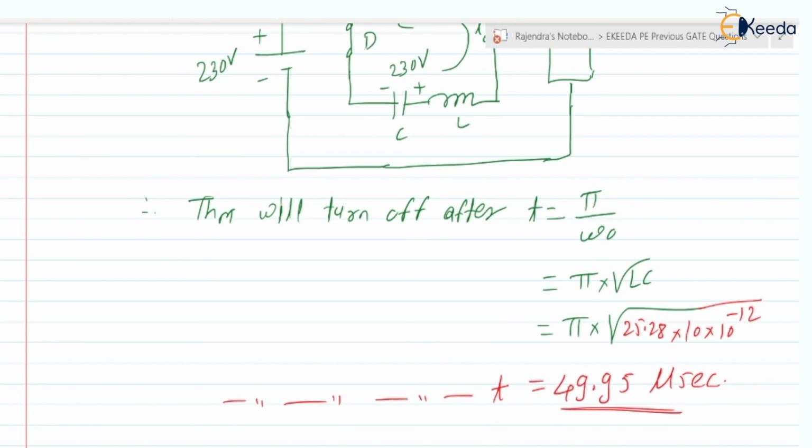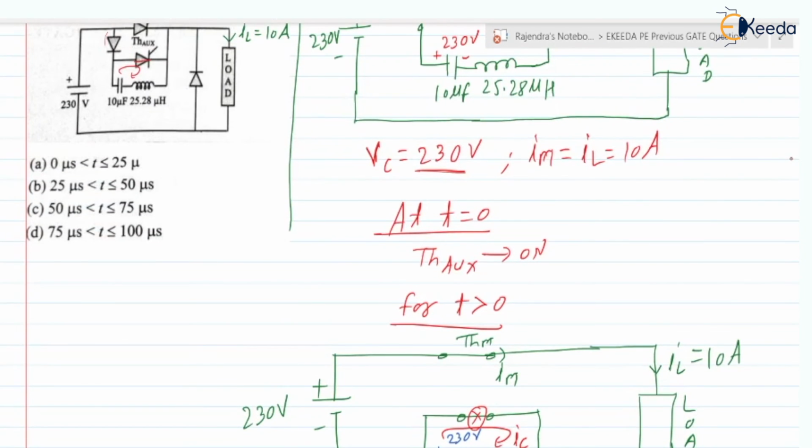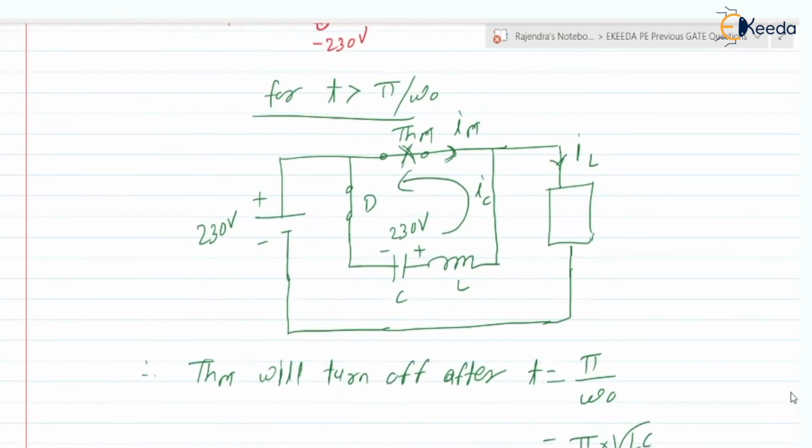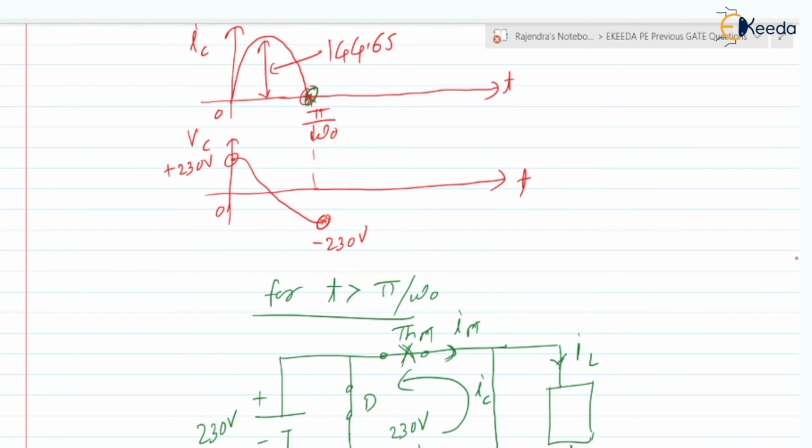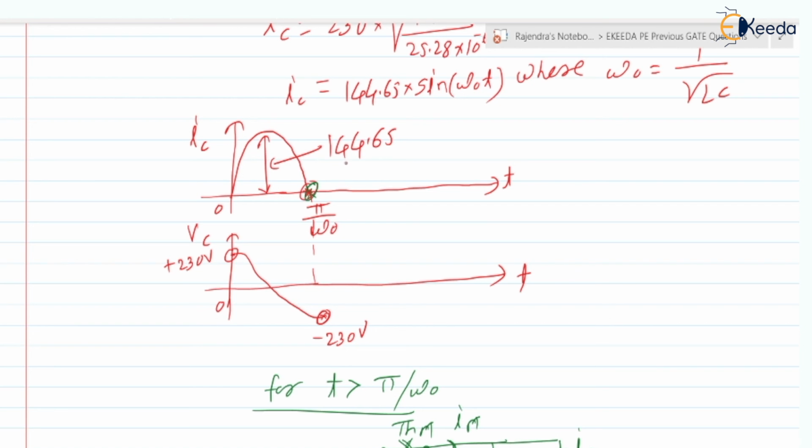Means it will be turning off between 50 microseconds to 75 microseconds. Is this clear? Before 50, is it possible? No, right? And after this instant, as the capacitor starts discharging, the peak value of the capacitor current is very high, it is 144.65 ampere, okay?